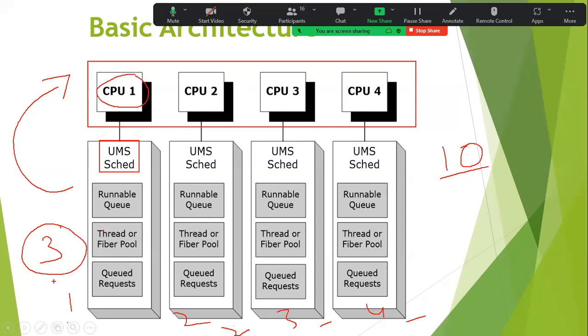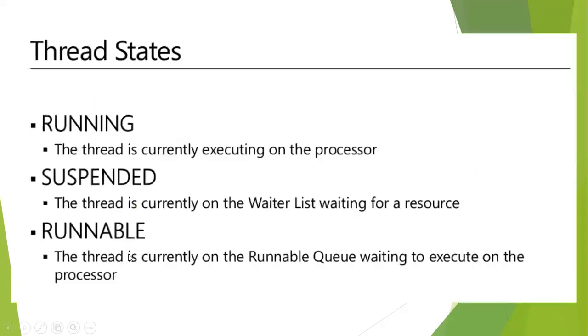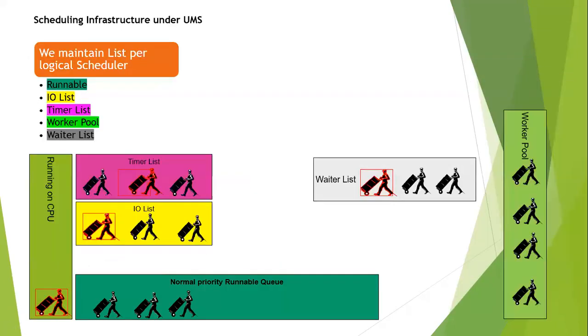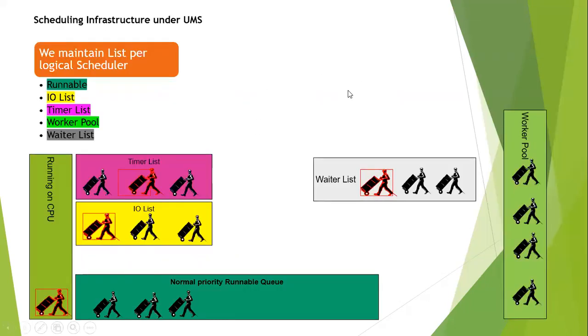So it has its own queues to keep the threads in the particular queue. For example, can anyone tell me what this is? I will show you. This one we discussed, right? Can anyone tell me what this diagram means?